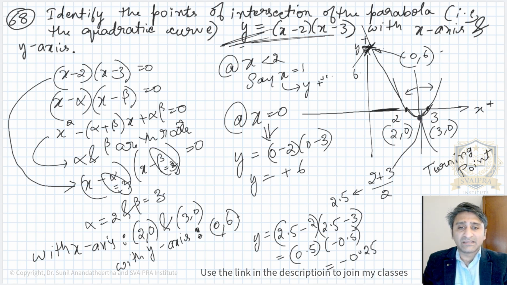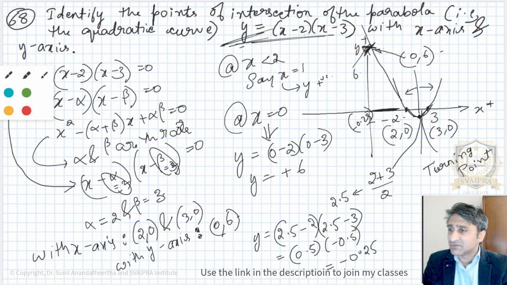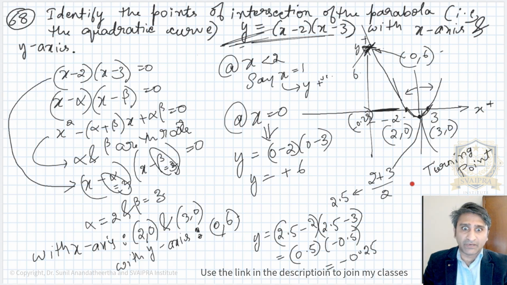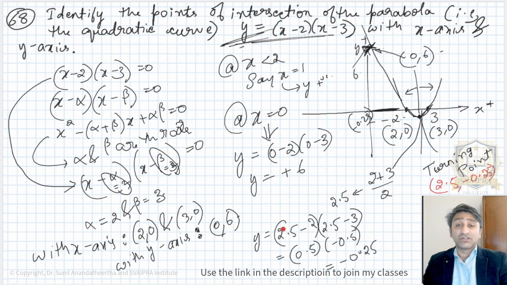Wonderful, fantastic. So the turning point for us is (2.5, minus 0.25). There we have the solution to this problem. Do practice more problems like this, and I'll see you in the next video.